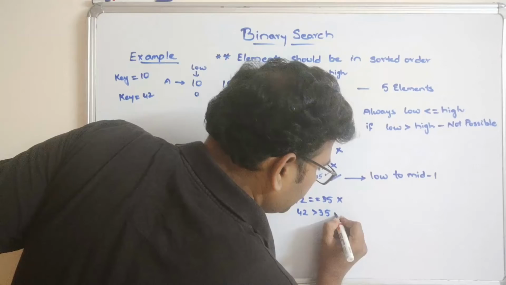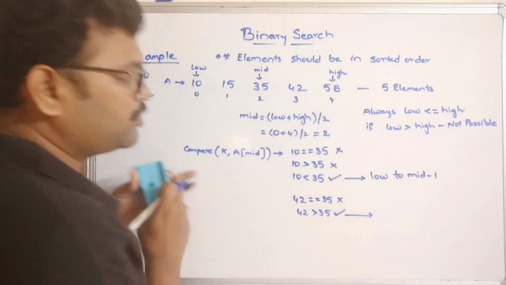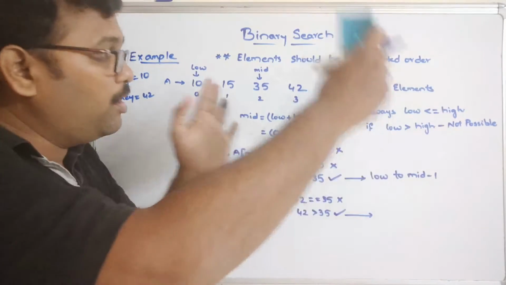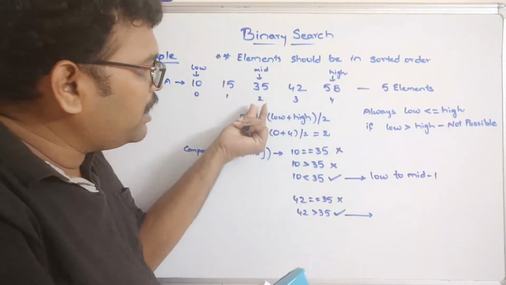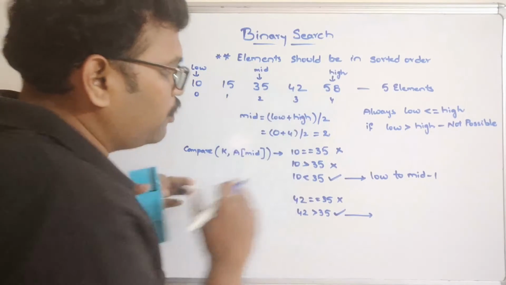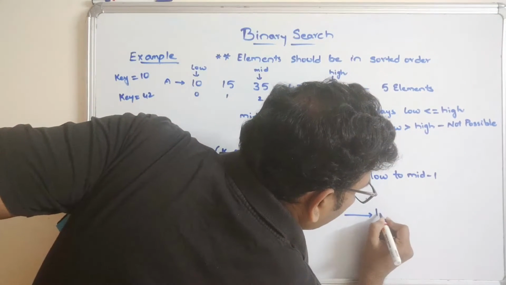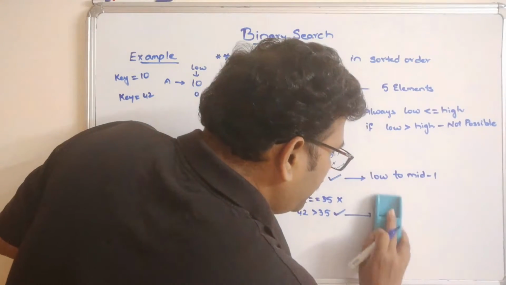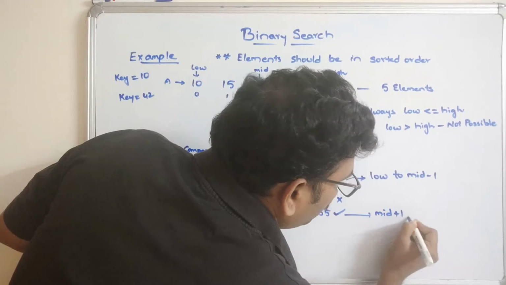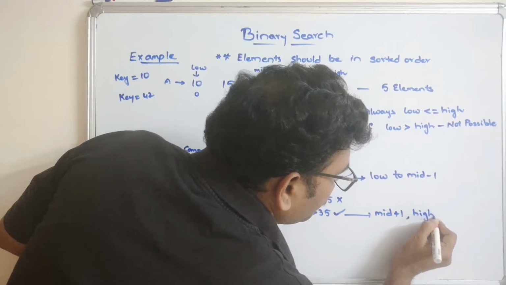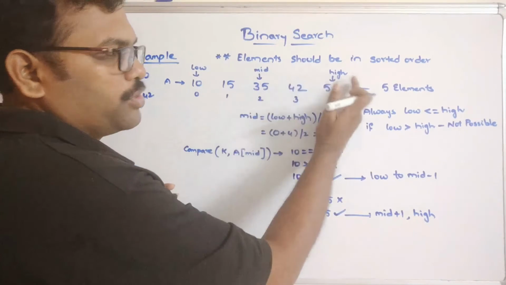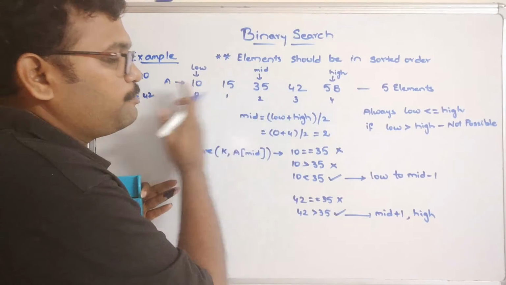So the search space will be reduced towards the right side portion. Already the middle element has been compared, so we need to change the low value. The search space will be mid plus 1 to high. So we need to search only this portion.